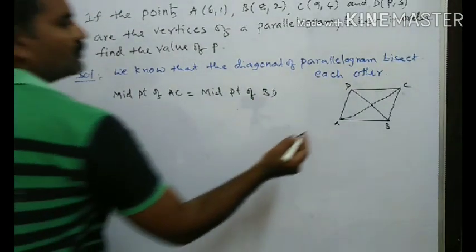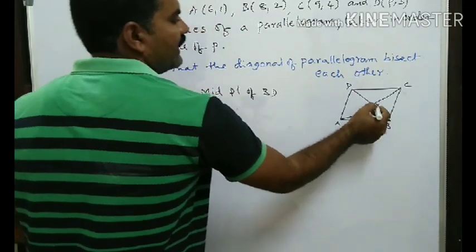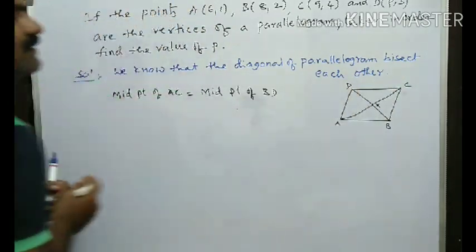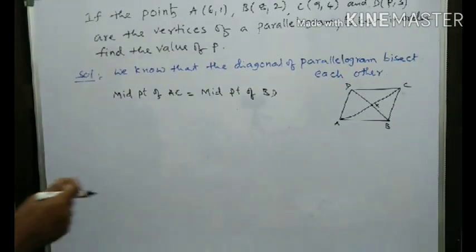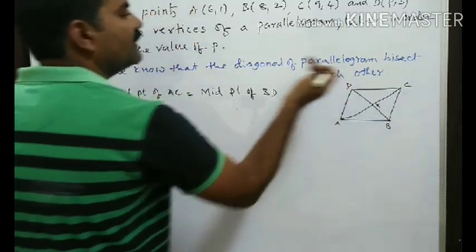Suppose we assume that this point is X. So X is the point of intersection of both the diagonals, and moreover X is the midpoint of AC as well as the midpoint of BD.